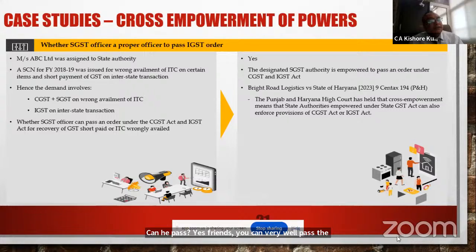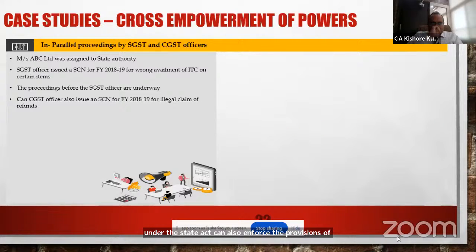Also, the Punjab and Haryana High Court in Bright Road Logistics has held that cross empowerment means that state authorities empowered under the State Act can also enforce the provisions of CGST and IGST. Let's look at another case study, friends. In this case, Messrs. ABC Limited was assigned to the state authority. Now, the state officer issued a show cause notice for the year 1819 for wrong availment of input tax credit.